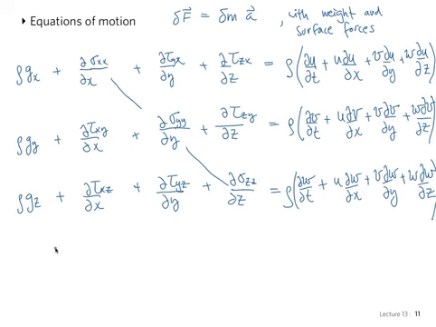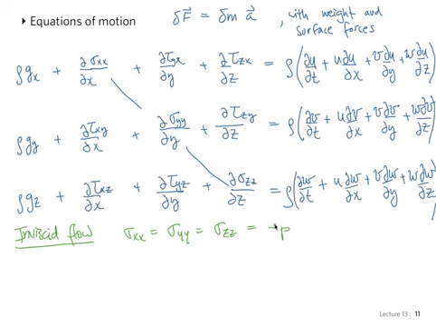But let's imagine first that we're looking at inviscid flow. In the inviscid flow, there are no shear stresses, and the only normal stress is pressure. So we have sigma xx equals sigma yy equals sigma zz, and it's minus p. Minus p because pressure always points inwards of the control volume.